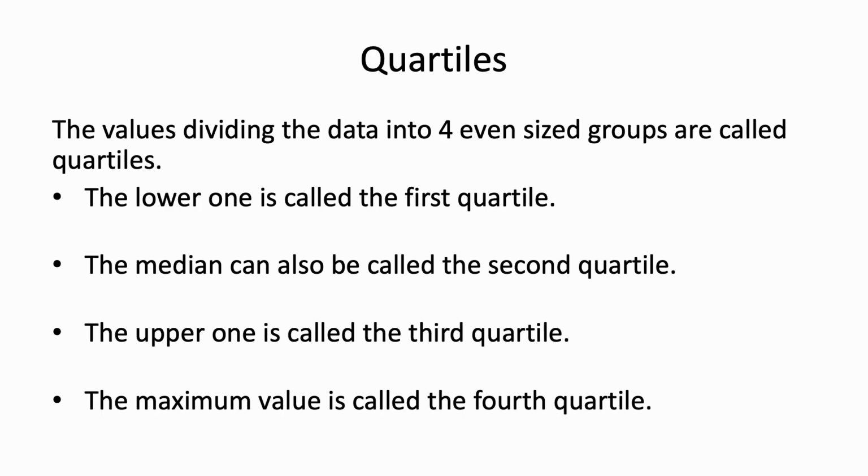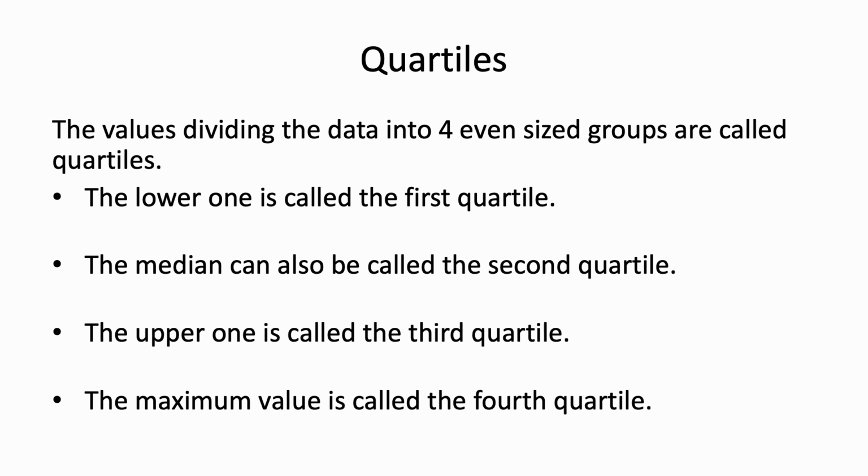By doing this median followed by 2 medians of the smaller groups, we're dividing the data into 4 even-sized slices, and these are called quartiles. Quartiles being like quarter, 4. The lower one is called the first quartile.